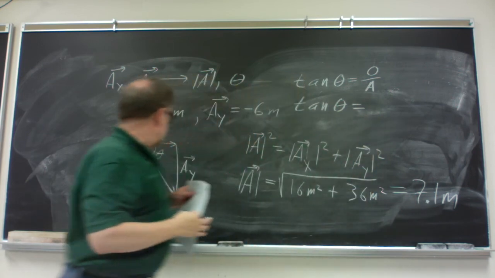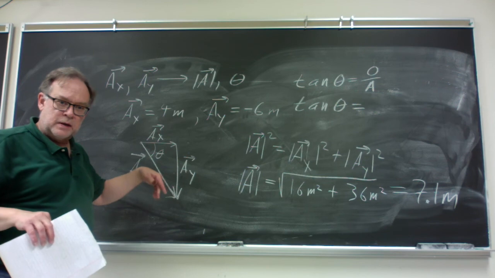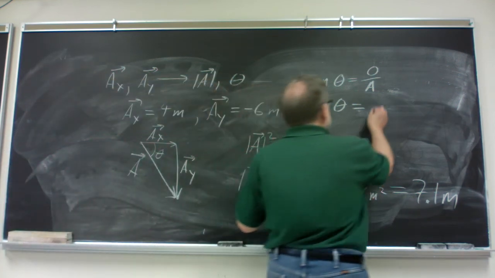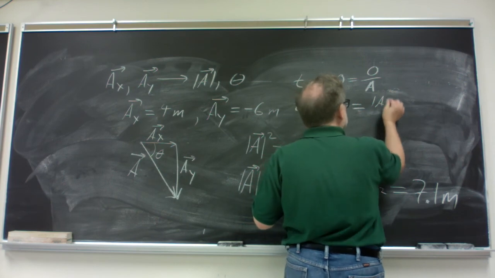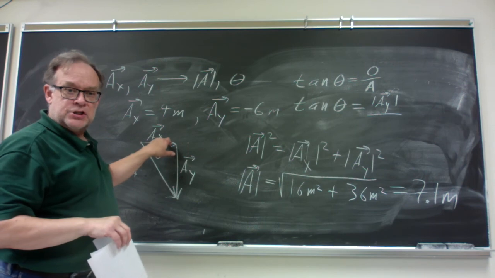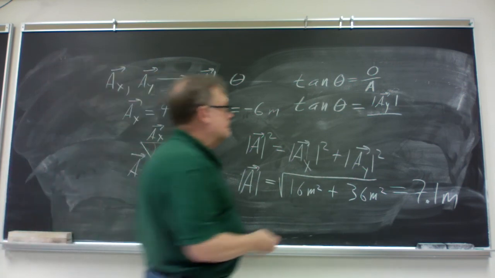In this case, the length of the opposite side just corresponds to the magnitude of AY, and the length of the adjacent side just corresponds to the magnitude of AX.